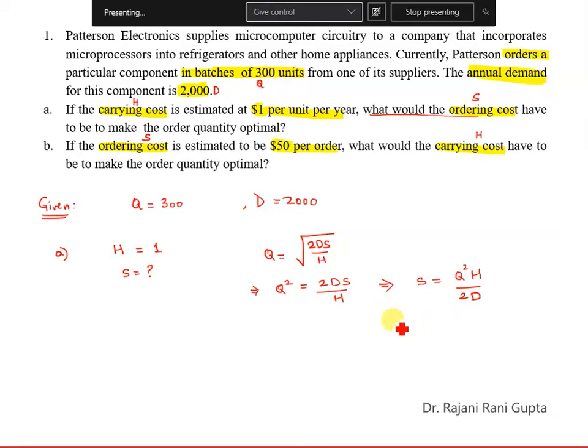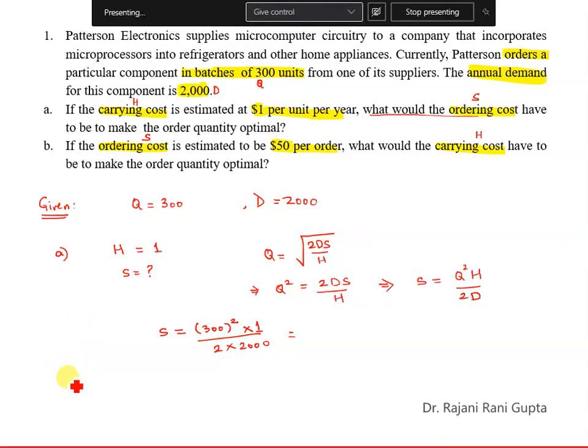Substituting the values, S is 300 squared times H, which is 1, over 2 times D, which is 2000. This will give you the value of S, the ordering cost. This calculation can be done easily by calculator.